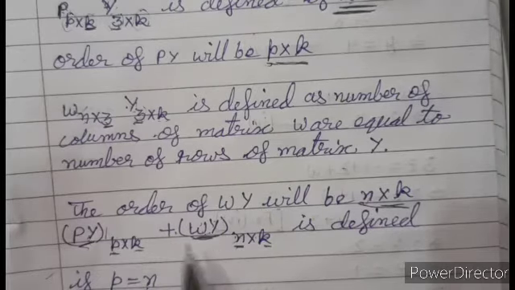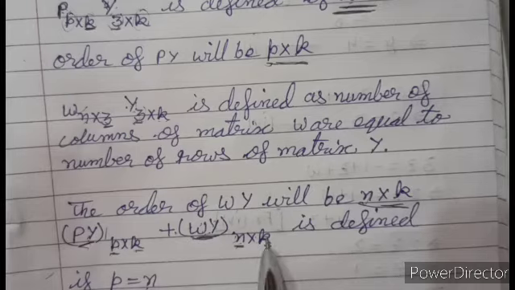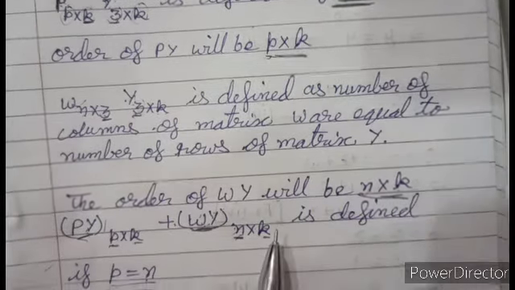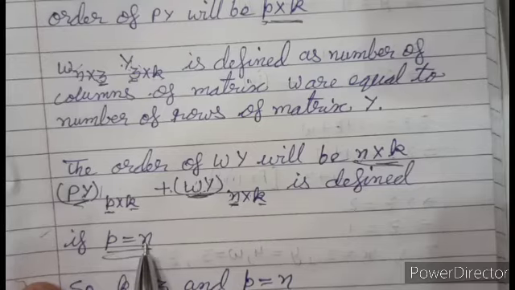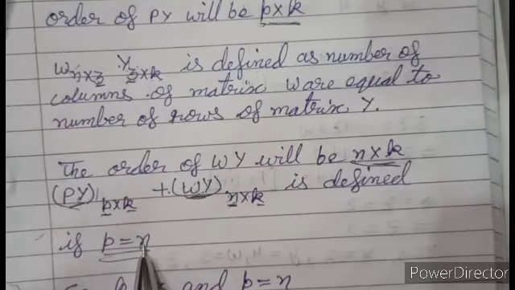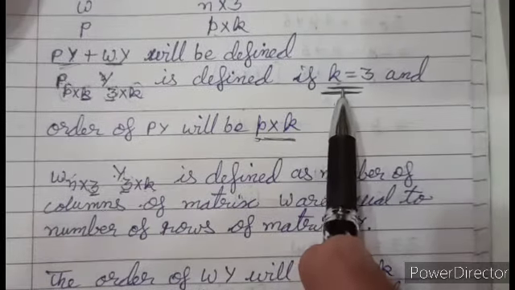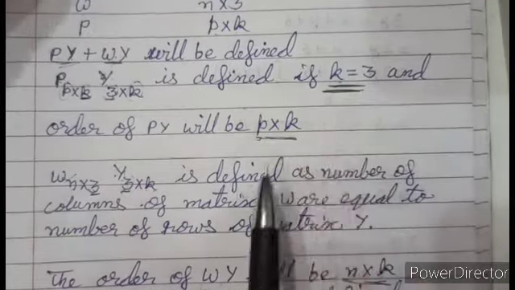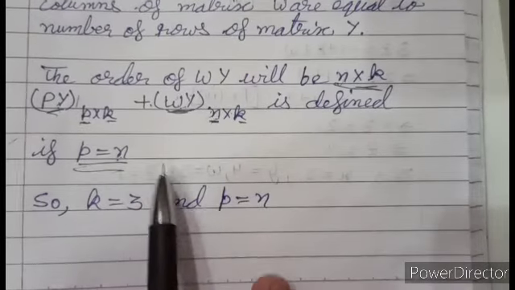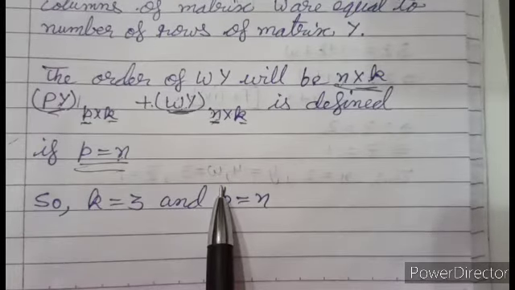That means p should be equal to n, and here the number of columns is equal in both matrices. So the restrictions on p, n and k are that k is equal to 3 and p is equal to n, and that is our option A.